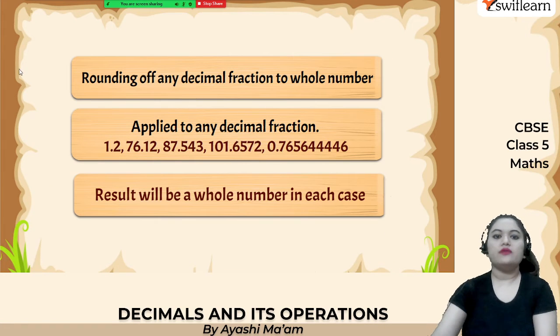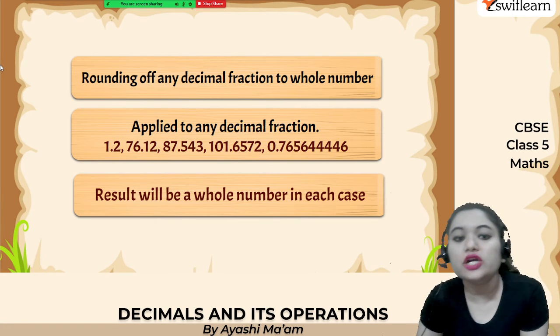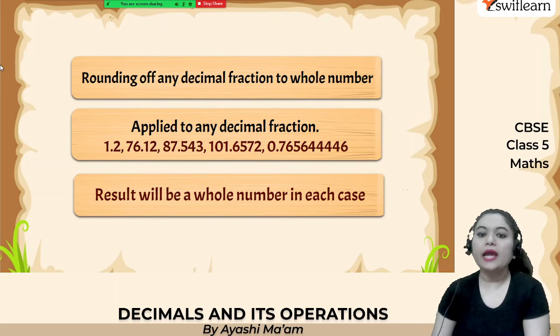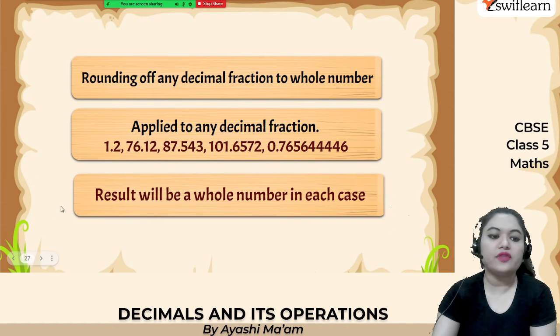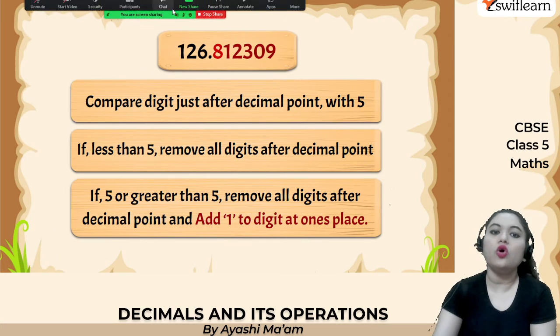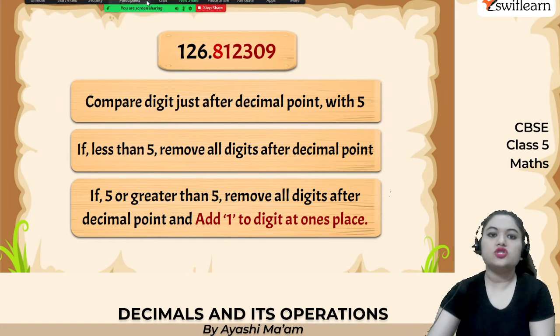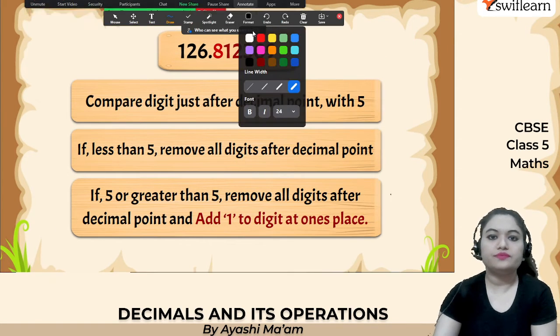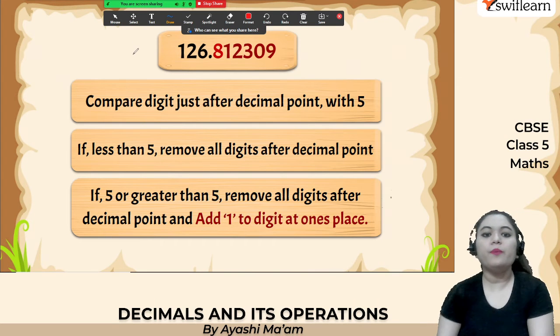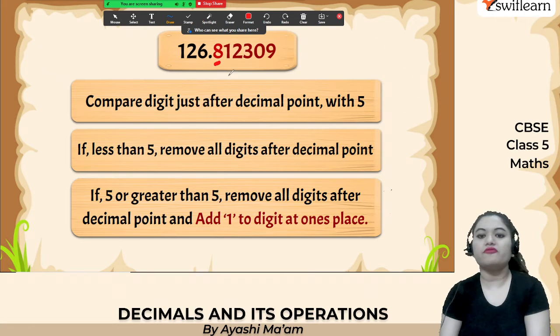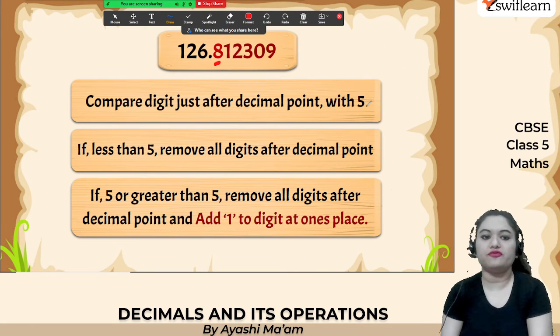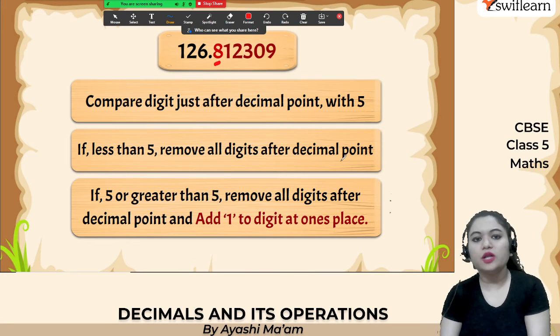Now see, rounding off any decimal fraction to a whole number. It is applied to any decimal fraction, and the result is always going to be a whole number. What you need to do is compare the digit just after the decimal point. After the decimal point we have 8, right? So compare it with 5. If it is less than 5, then remove all the digits after the decimal point.